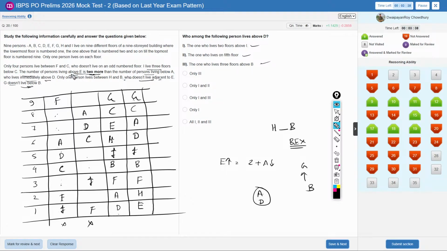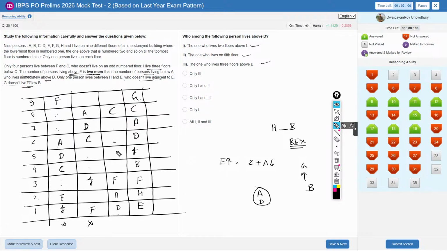The number of persons living above E is two more. Then the number of persons living, okay, so E was supposed to be here. 1, 2, 3. No I, no B. AD is fine.